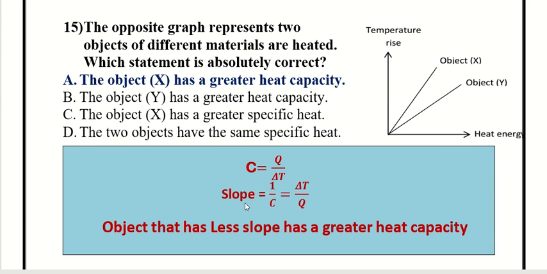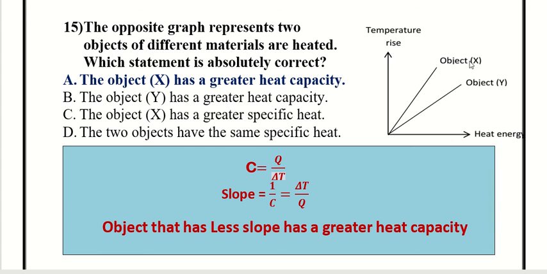This is the value of the slope. The heat capacity equals Q over delta T, so the slope equals 1 over the heat capacity.